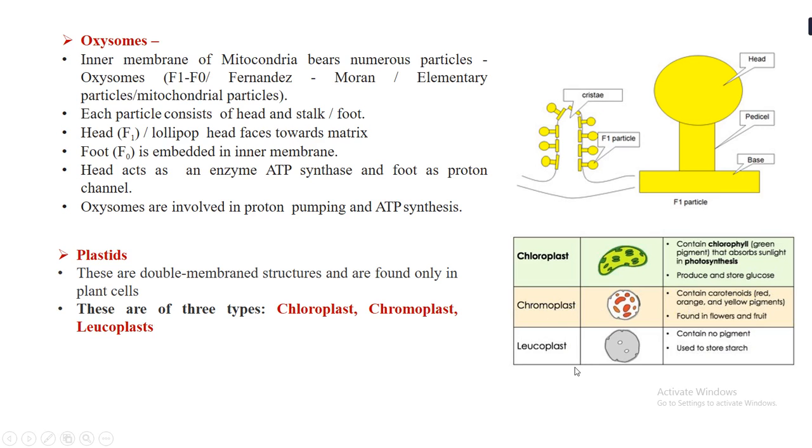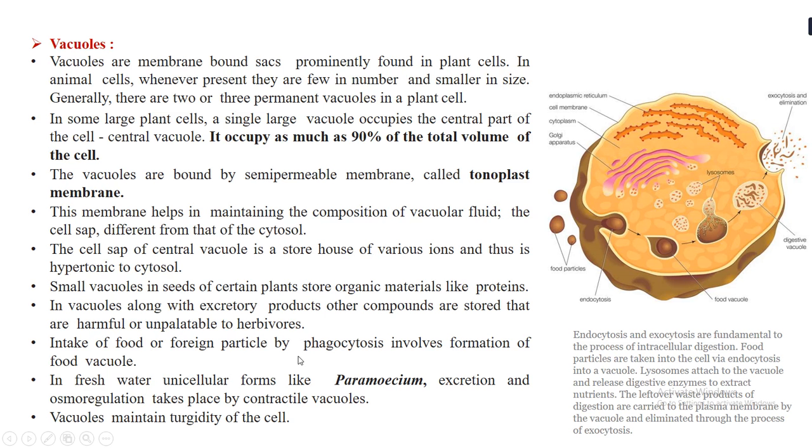And then the third type of plastid is leucoplast, which contains no pigment, and it is used to store starch. So these are the three types of plastid: chloroplast, chromoplast, and leucoplast. And they are only present in plants, not in animal cells.